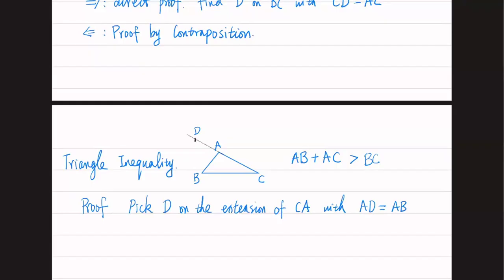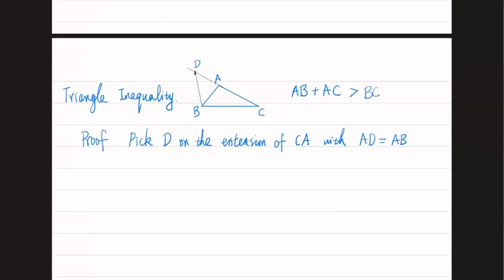Okay, so we extend the segment to a line, and we pick a segment on this line with equal length. Then we connect this, and we get a triangle. Let's consider the triangle ABD.